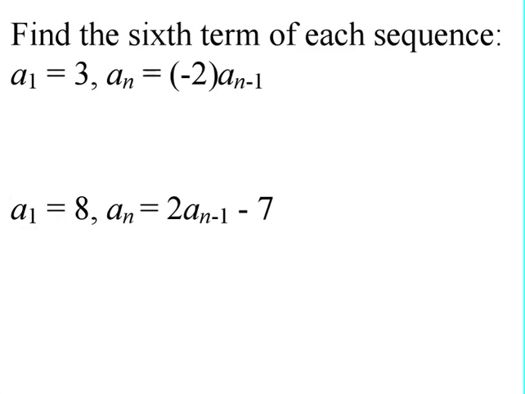Okay. All right, so find the sixth term of each sequence. Same thing. When we find the sixth term, we have to find the first 5. Okay, so the first one that we have here, a sub 1 equals 3. That means my first term is 3. So I've got 1, 2, 3, 4, 5, 6. First term here is 3.